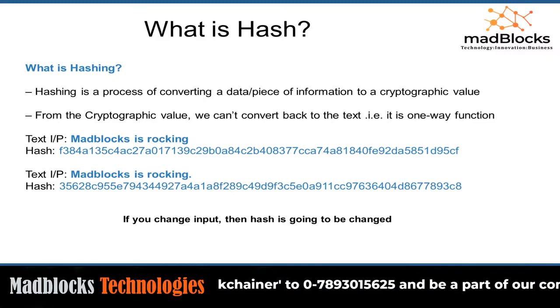For example, I have taken 2 text inputs here. One text input is "madBlocks is rocking", where M is capital. Say I give a transaction called madBlocks is rocking, instead of sending 3 bitcoins. When I send that text input to hashing, that information will be converted into a cryptographic value.